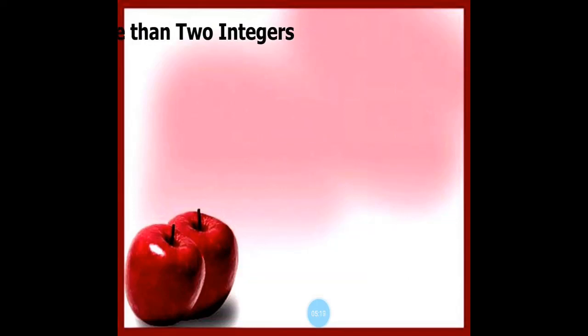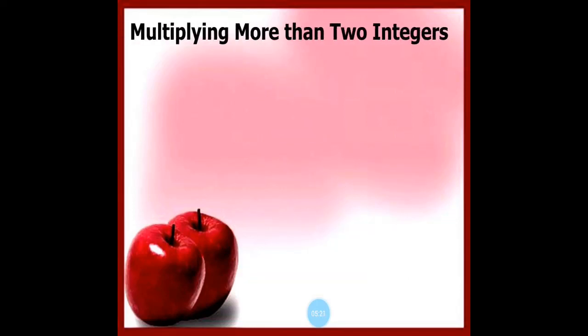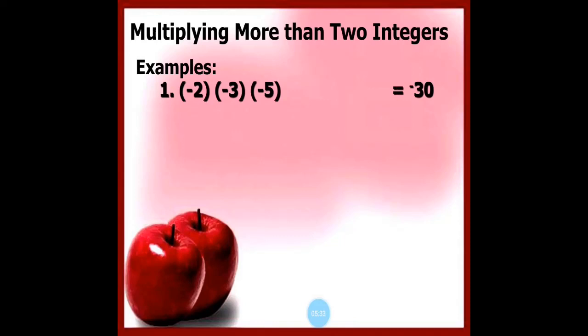Okay, so let's have this multiplying more than 2 integers. Examples: negative 2 times negative 3 times negative 5. What is the answer? The answer is negative 30. Next, negative 2 times negative 2 times negative 2 times negative 2. The answer is positive 16.